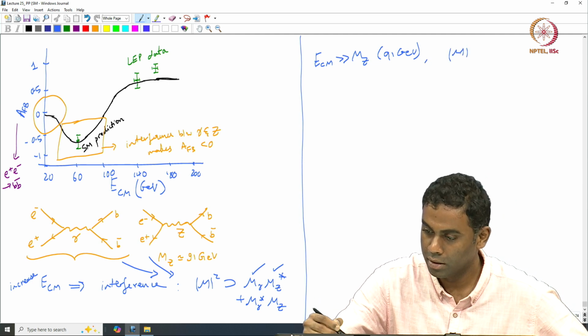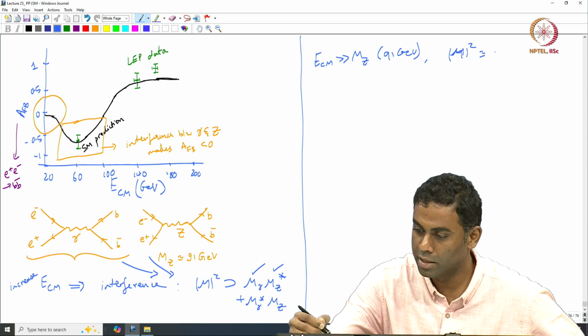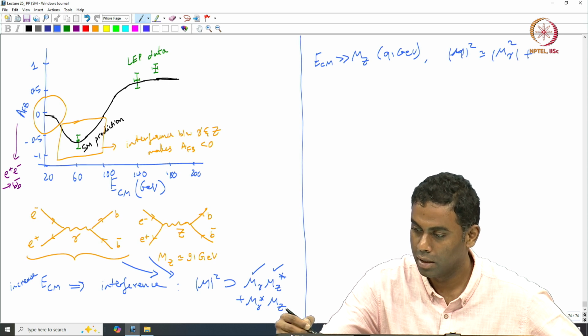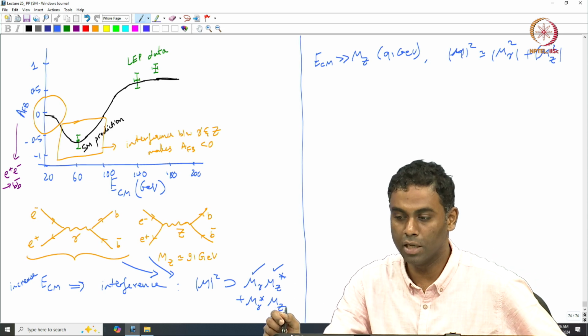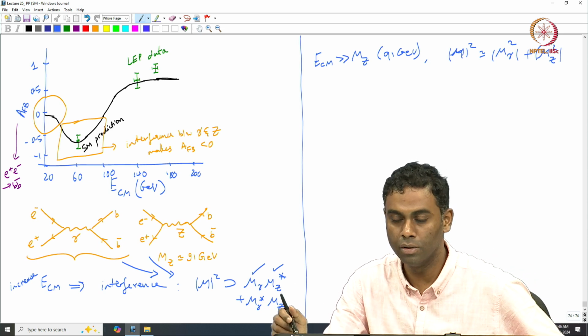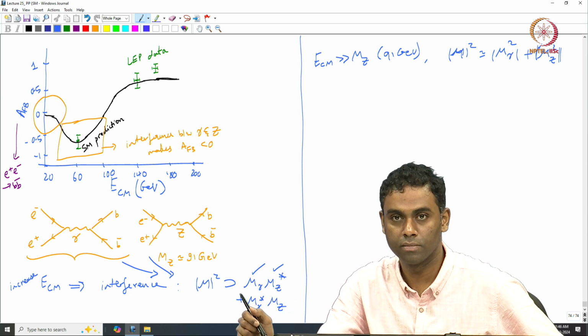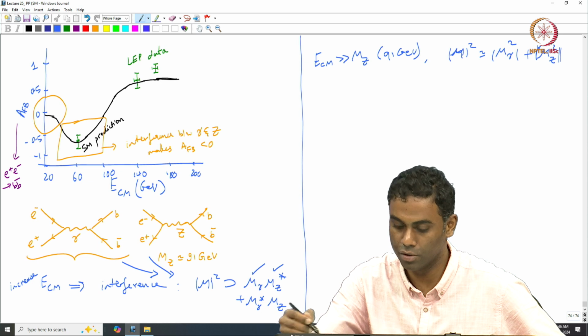M squared at this point is basically, there's a component from M gamma squared that's always there, but the M_Z amplitude contributes all by itself without much interference. At this point you don't really care about the interference.